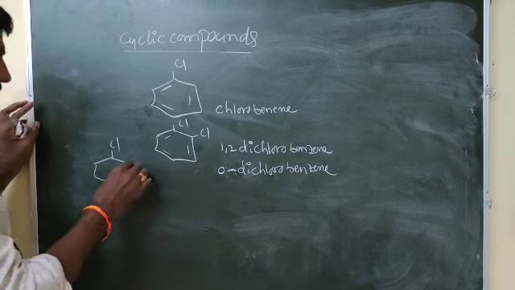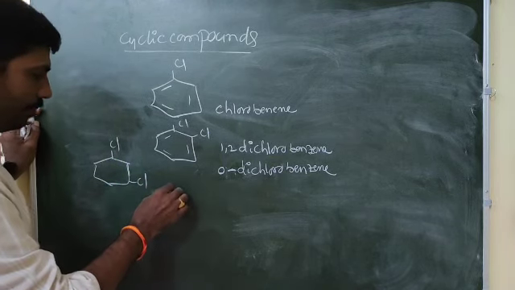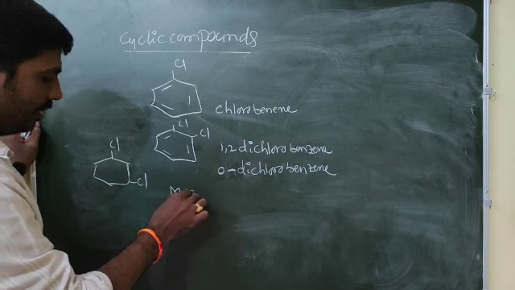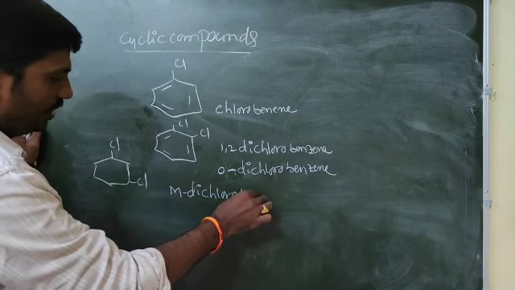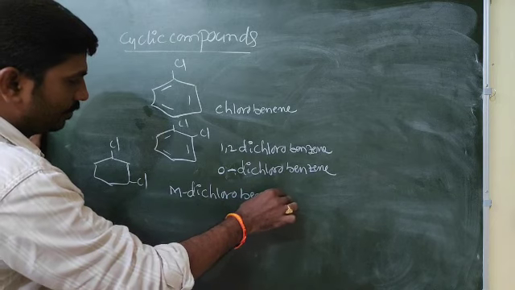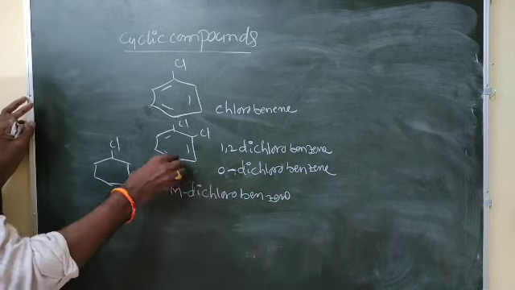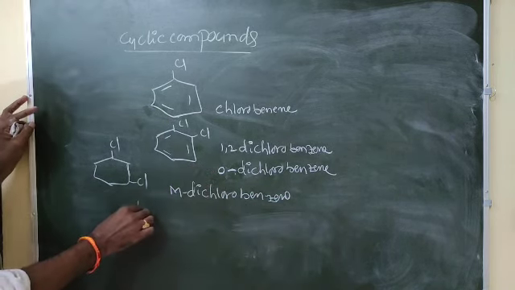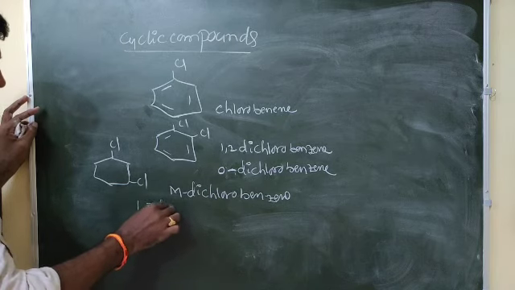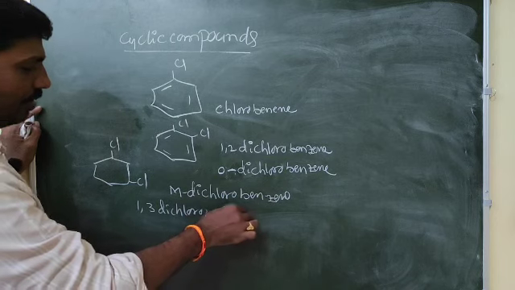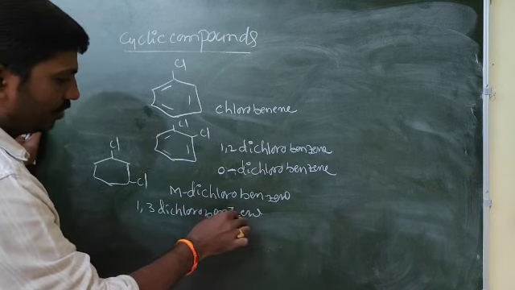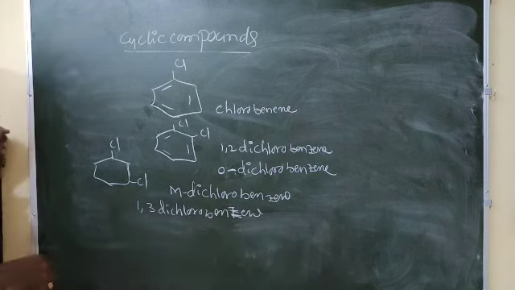1,3 position is meta-dichlorobenzene. So here 1,2 position like this, and 1,3 dichlorobenzene, where the 1,3 position is meta.